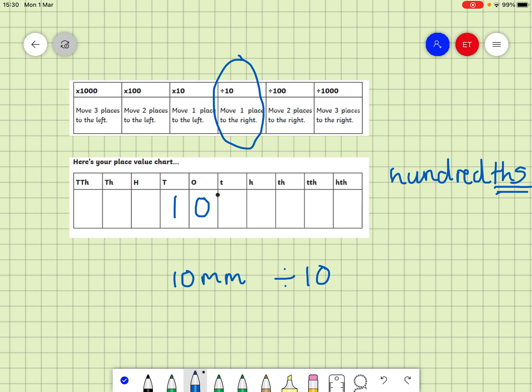So that means that the 0 ones becomes 0 tenths and the 1 tens becomes 1 ones. So 10 millimetres equals 1 centimetre. Okay, because we divided it by 10.